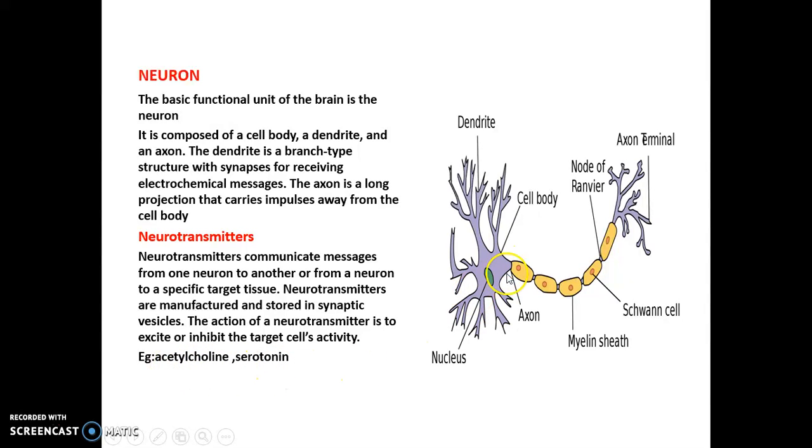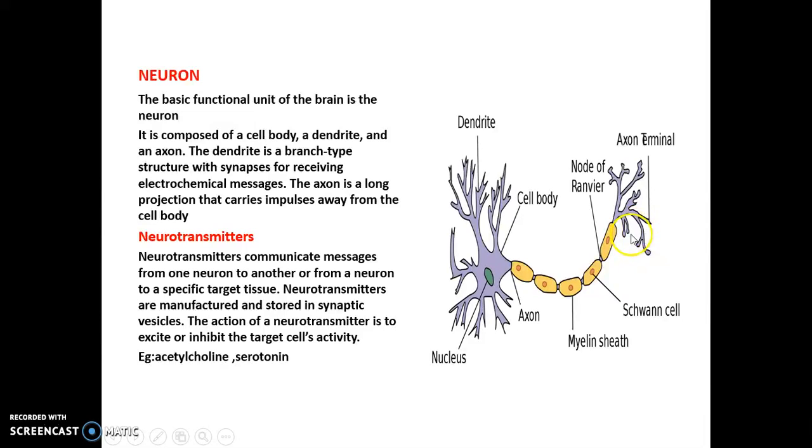I told you that messages will go from one neuron to another neuron or from one neuron to another tissue. How is this message transmitted? There are neurotransmitters present in the synapses. From this synapse, the neurotransmitter will go to the other neuron, or sometimes to some other tissue.